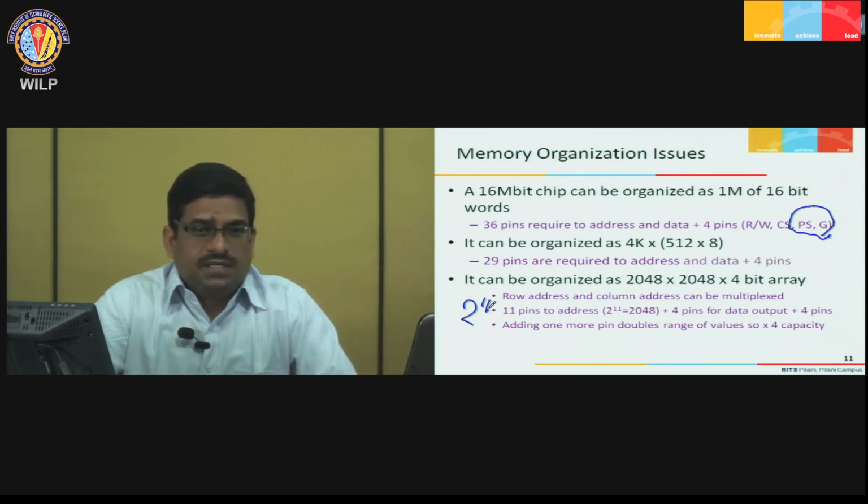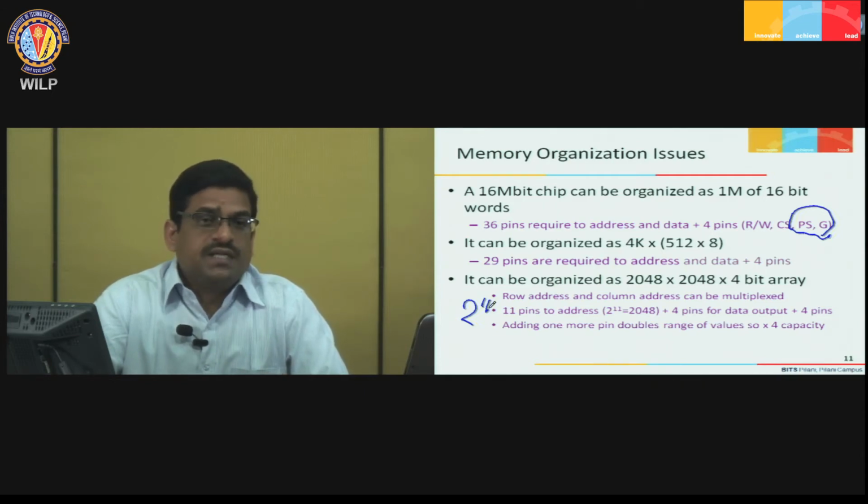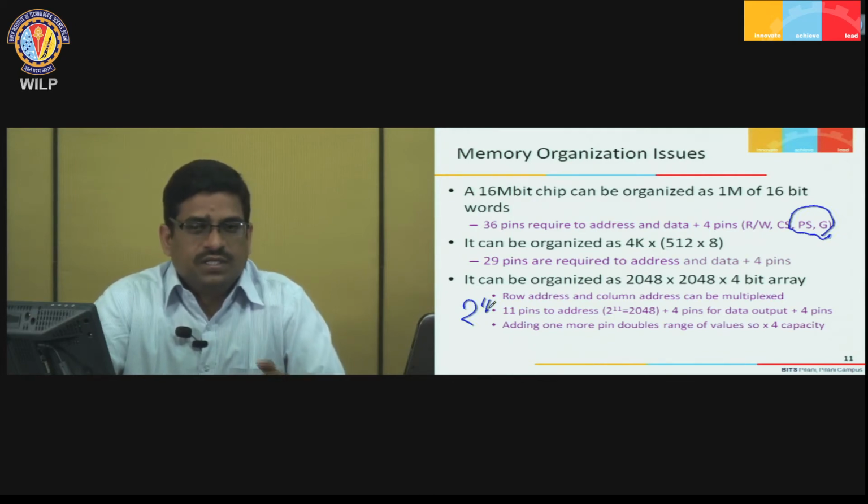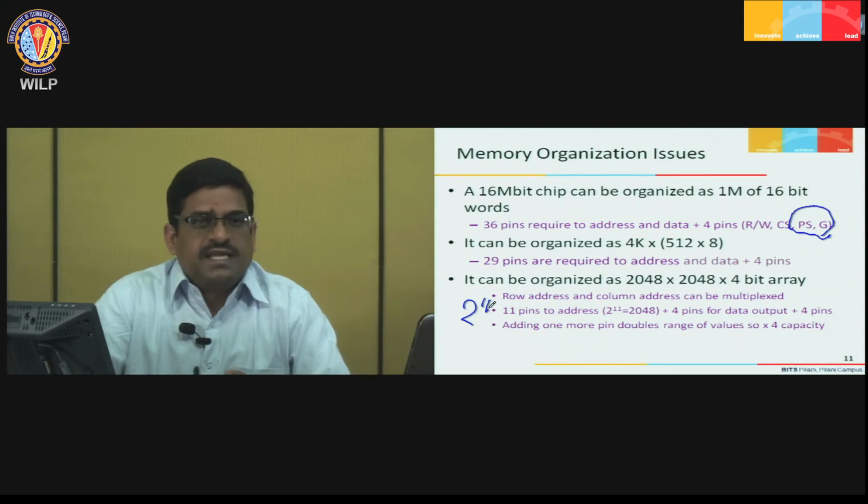Now, to further optimize, this row address and column address can be multiplexed. The same address lines can be used for representing the row address as well as the column address. How to multiplex, I will show in the next slide, but let us say we could multiplex, then the number of pins will be half, only 11 pins are required.